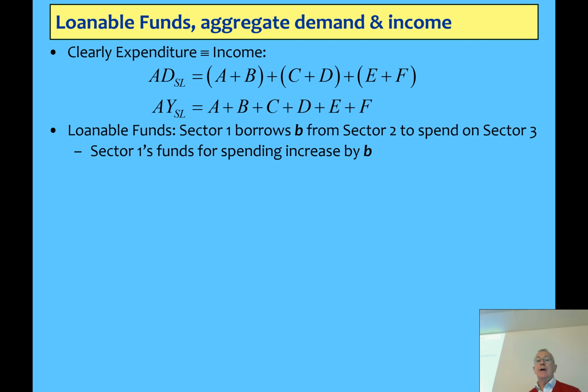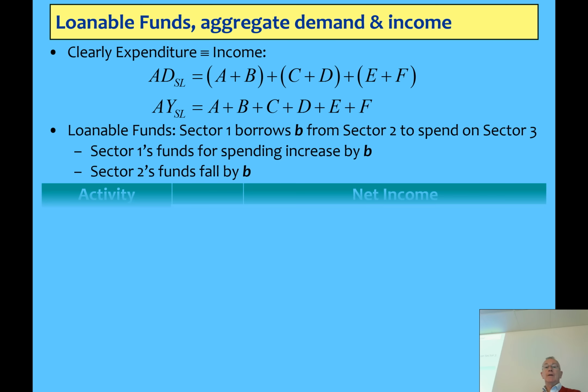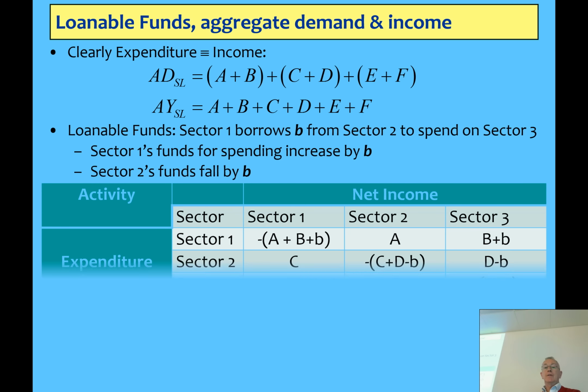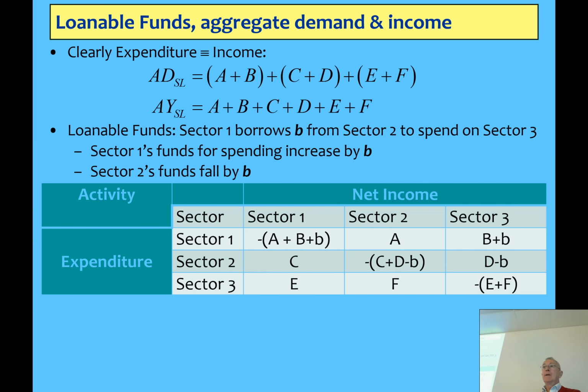Now, loanable funds, I'm going to have Sector 1 borrowing B from Sector 2 to spend on Sector 3, just to make it simple. It obviously can be generalised from there. So Sector 2's funds fall by B, and Sector 1's spending increases by B. And I'm going to make this logically tighter in a moment as well.